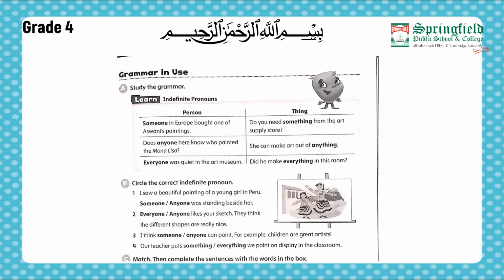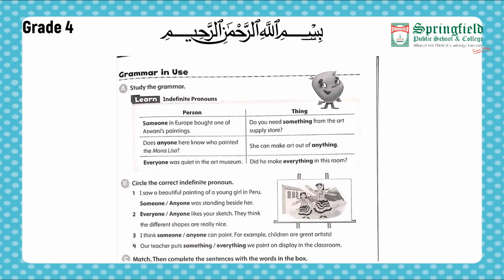Person and thing. Now whenever we are discussing a person, we mostly use the word one. As we can see, someone in Europe bought one of the Aswani's paintings. Does anyone here know who painted the Mona Lisa? Everyone was quiet in the art museum.